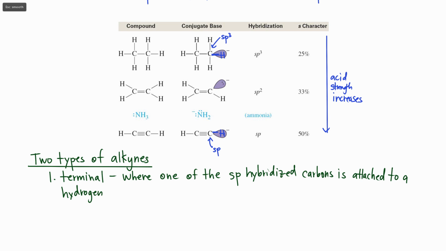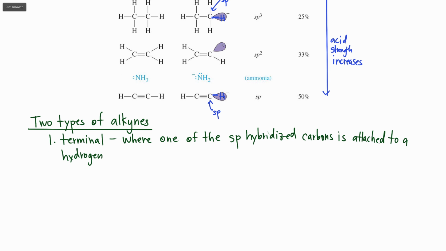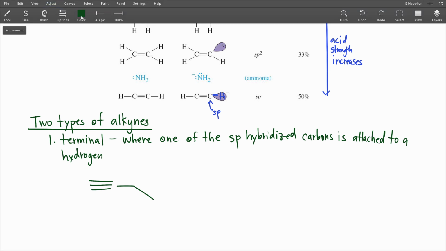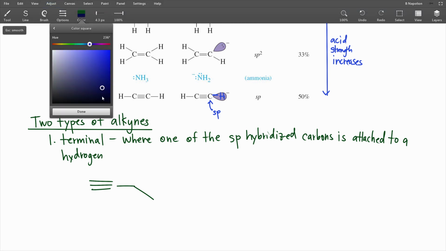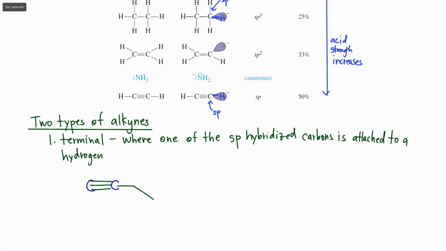Okay, so what I mean by that is, let's look at some examples. This is a terminal alkyne. Okay, one of the sp hybridized carbons is attached to a hydrogen.